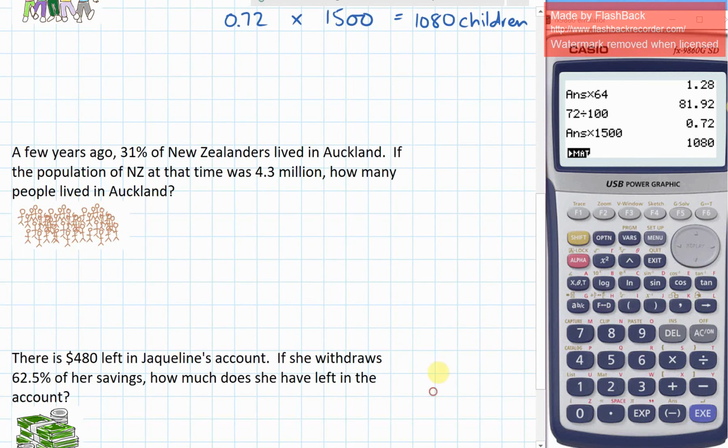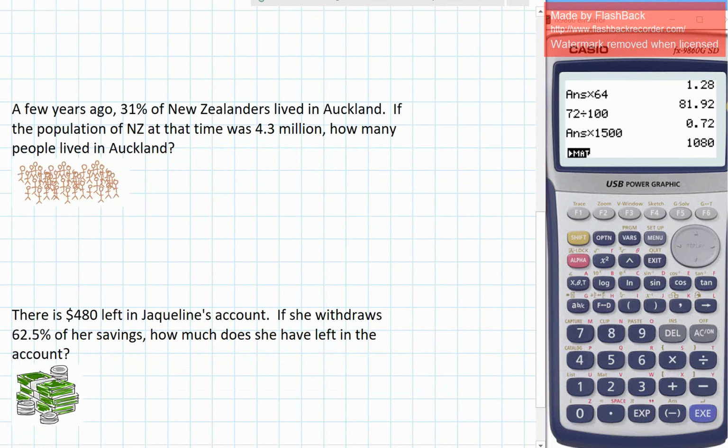A few years ago, 31% of New Zealanders lived in Auckland. If the population of New Zealand at that time was 4.3 million, so I'm just going to write that out in full, 4.3 million, so you're going to write the 3 there. We need 5 zeros after the 4 and the 3.